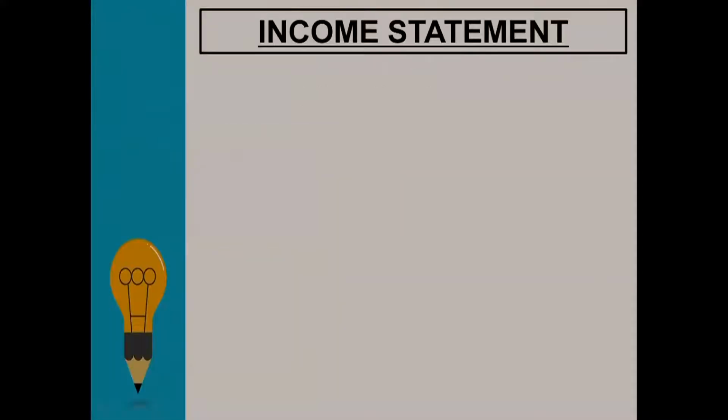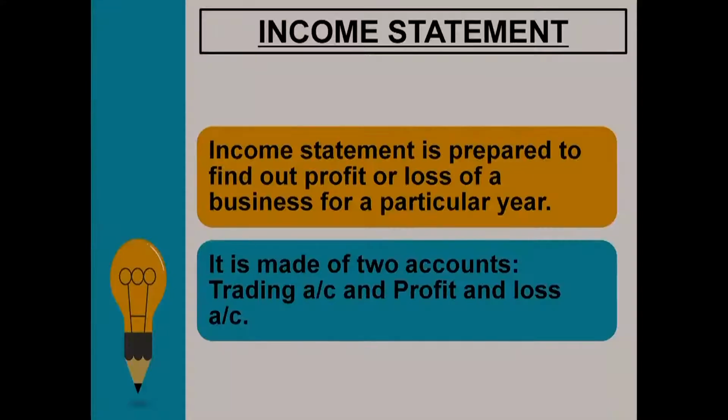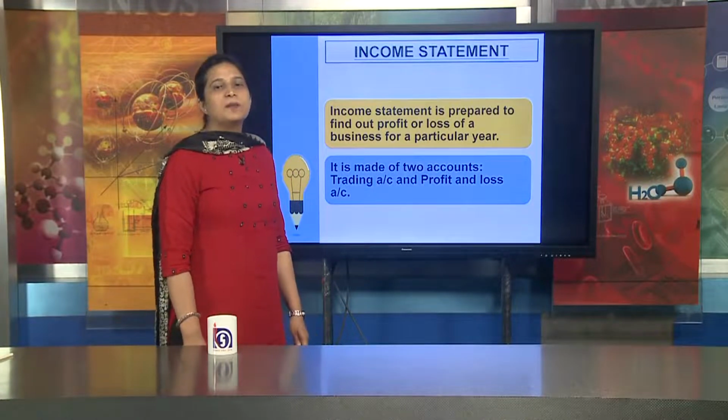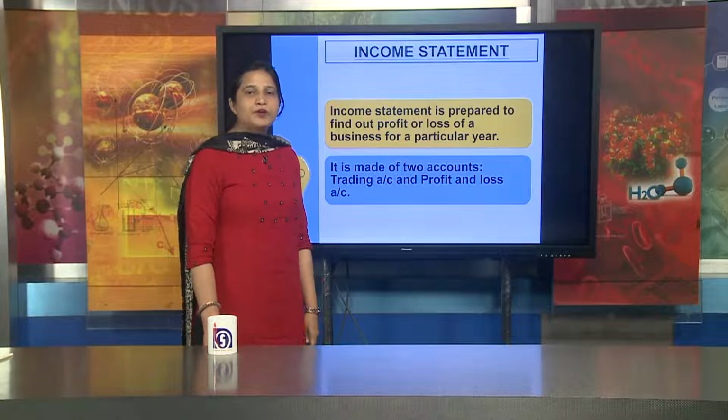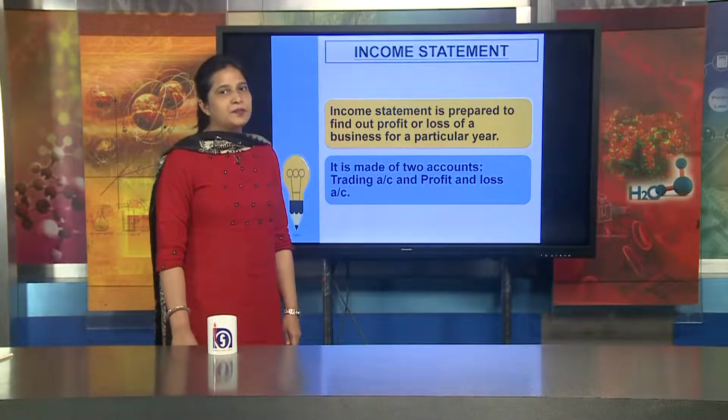Let's learn further. Moving to the income statement. The income statement is prepared to find out the profit and loss of a business for a particular year. For any particular year, if we want to find out whether a business has made a profit or is suffering losses, we prepare an income statement.